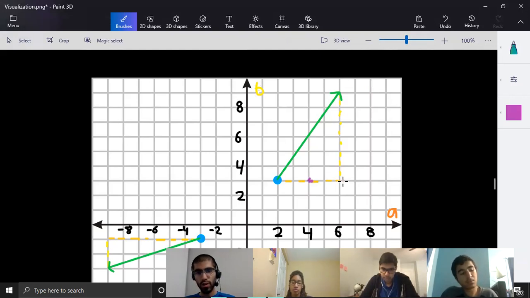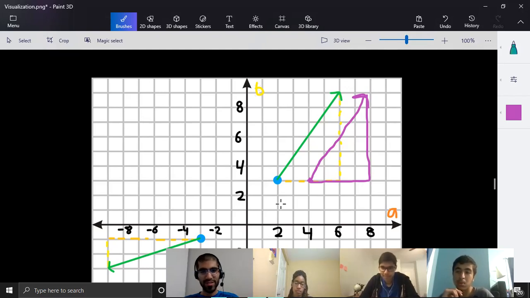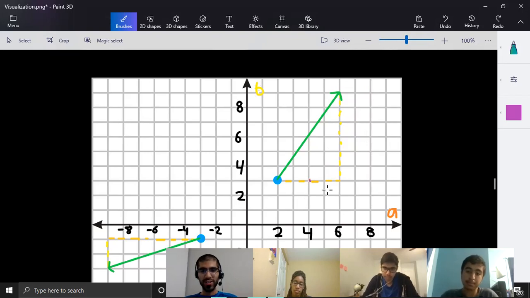It also goes over by 4, 1, 2, 3, 4, and it also goes up by 6. You get the same angle and the same length, but it's just starting and ending at a different place. So vectors don't actually need to start and end at any one place. Cool tidbit. And that's a good observation.